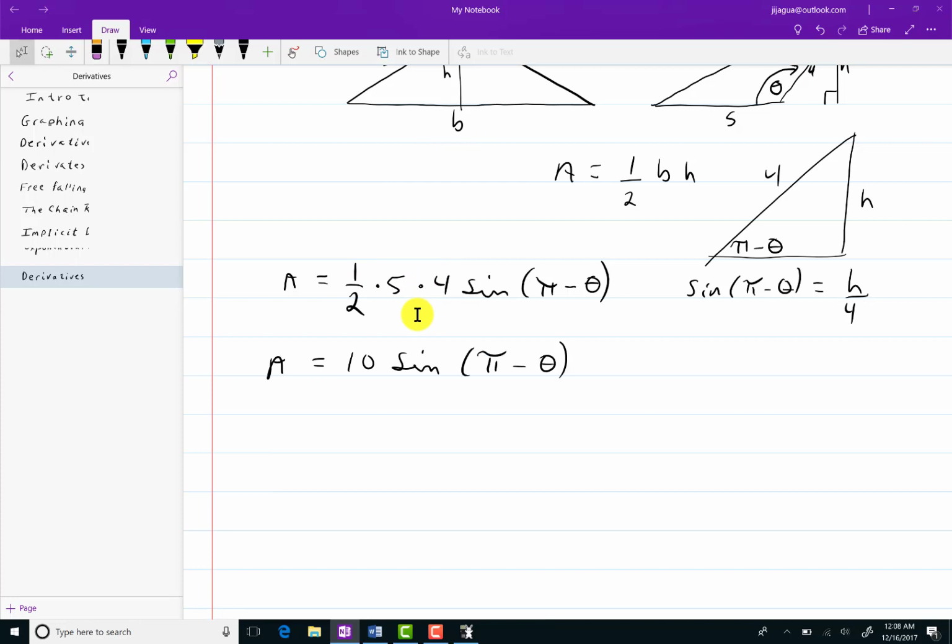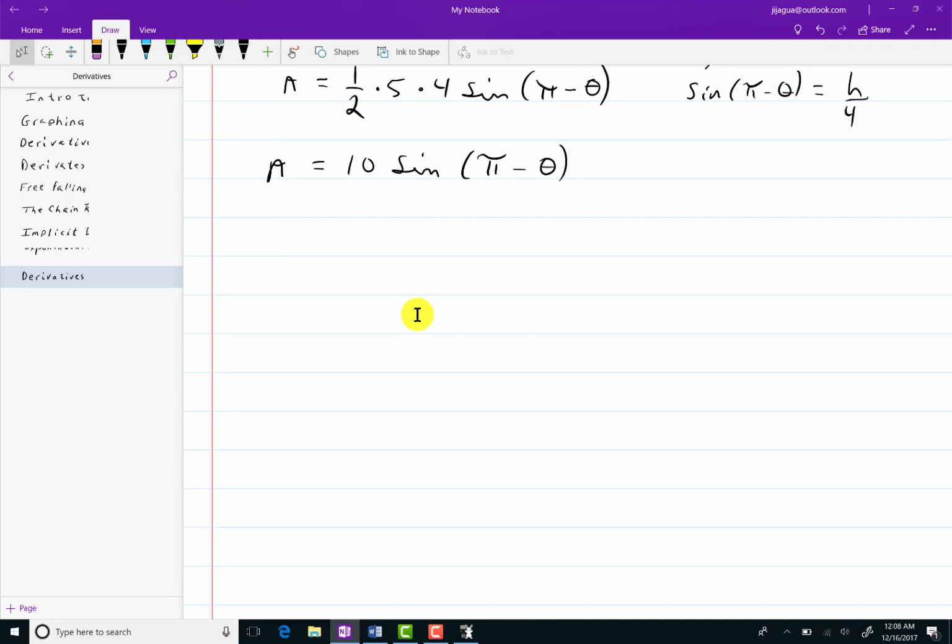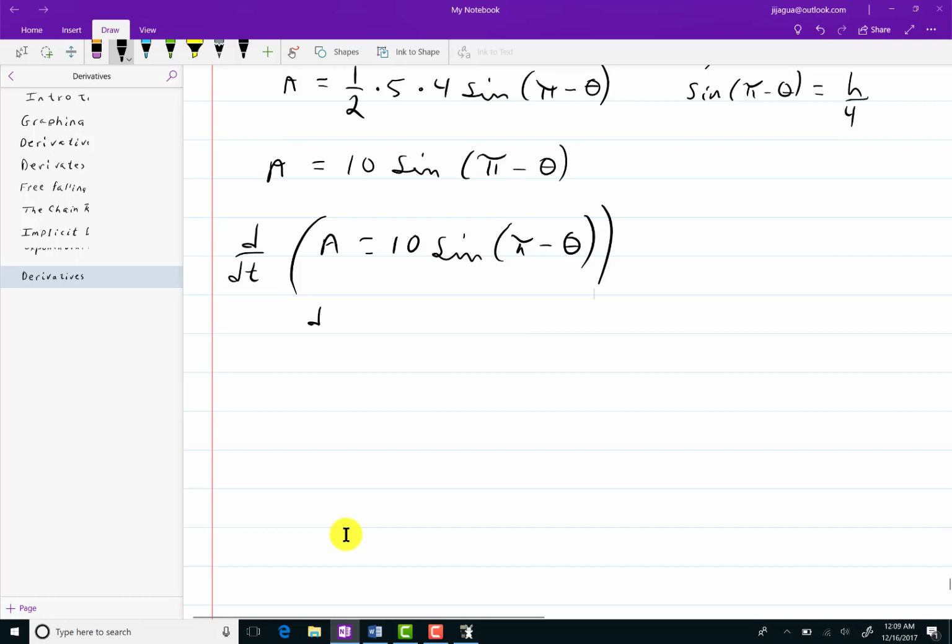Let me take the derivative of both sides with respect to t. d over dt of A equals 10 sine pi minus theta. So I'll get dA over dt equals 10 times cosine pi minus theta. But I've got to take the derivative of the stuff inside.